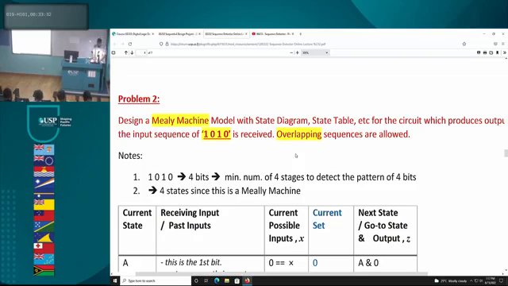Okay, so problem number 2. Problem number 1 was a replica. Problem number 2, I'm just going to copy that down. Mealy machine to detect 0111.